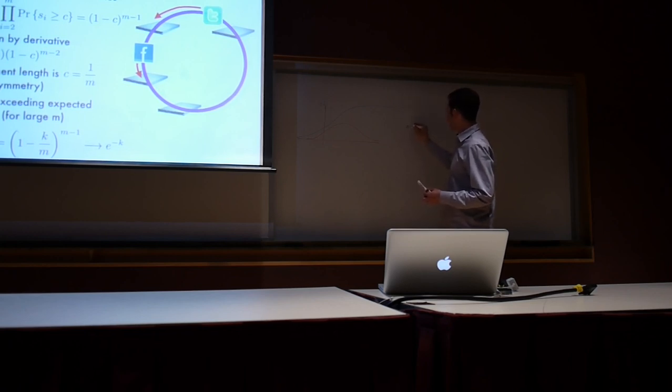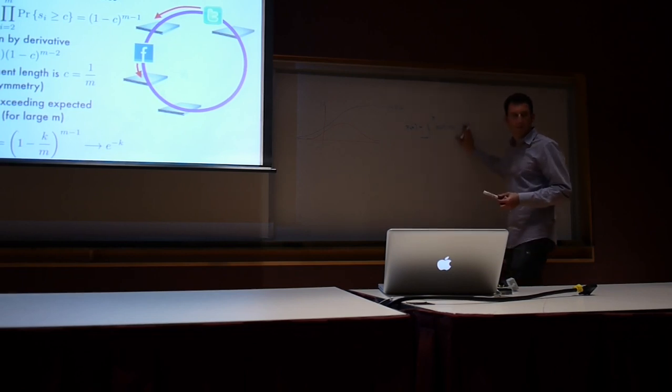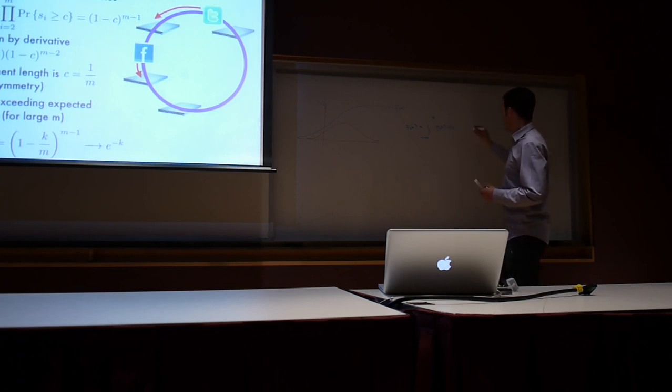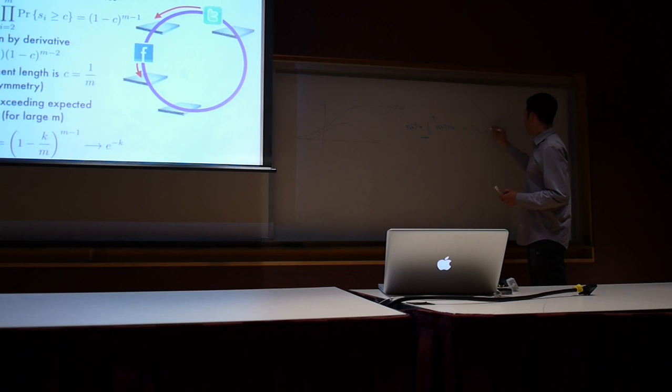So f of x is the integral going from minus infinity up to x of p of x dx. Right? That's how it's defined. That's the CDF, cumulative distribution function. Now, this of course is also equal to the probability that x prime, which is a random variable drawn from that distribution, is less equal than x.